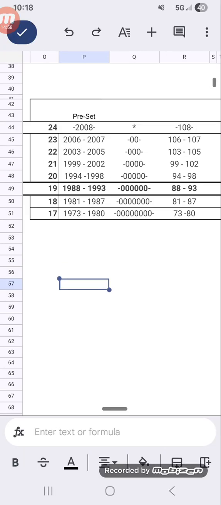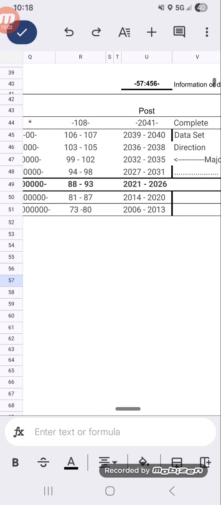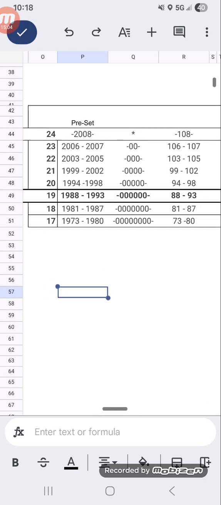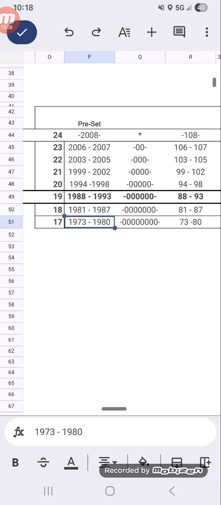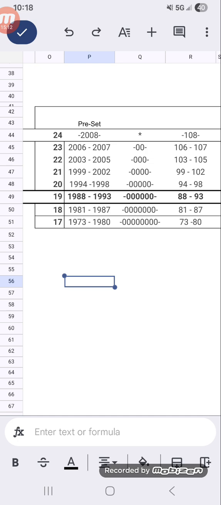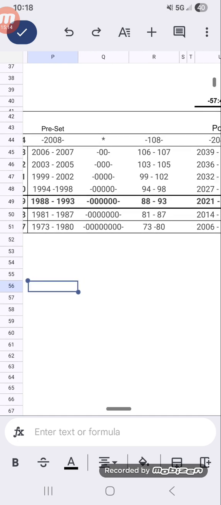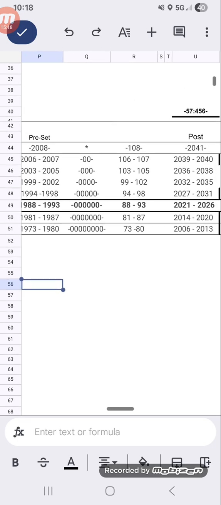So this is when things will pretty much start to shift. Here's a preset and a post shift right here. You can see the years of 1973 to 1980. Anybody born that year, any information within that year, any data within that year, took a post shift in 2006 to 13.